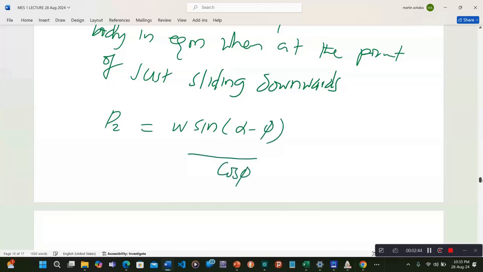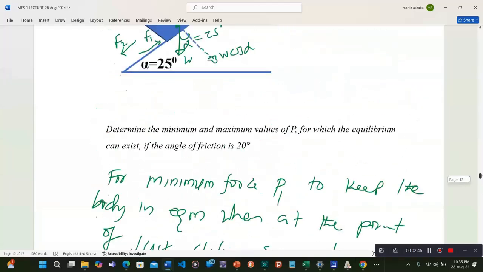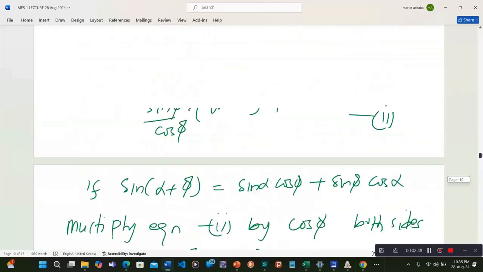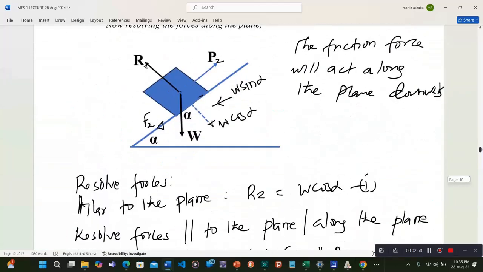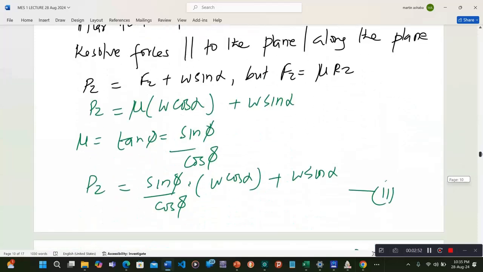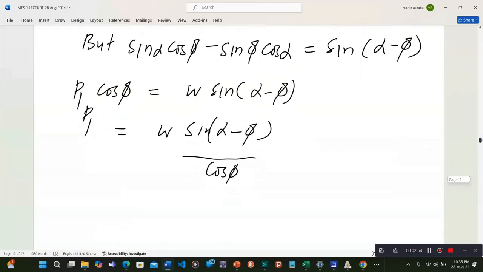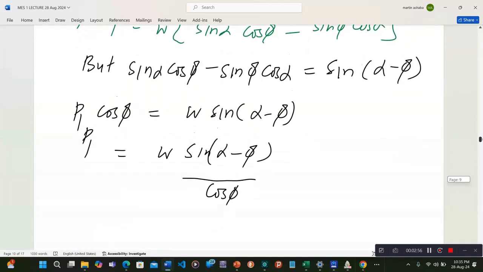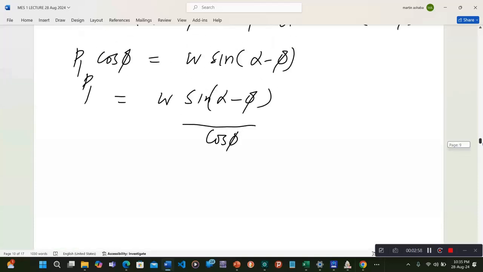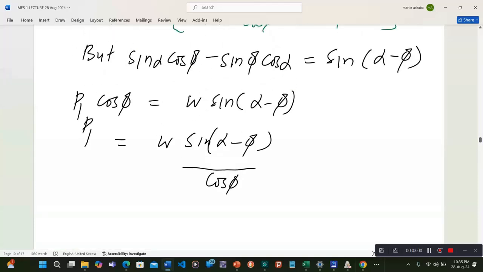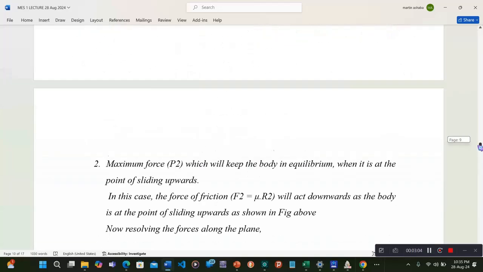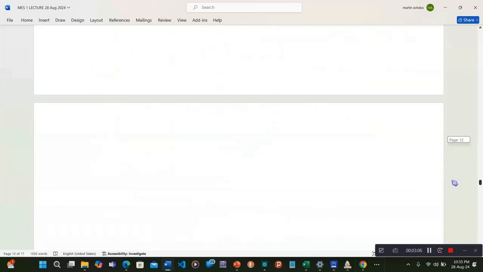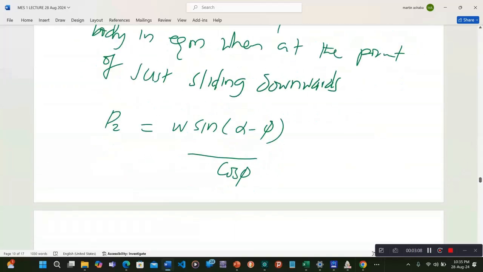We have already derived this expression and it is up here. So you just substitute in the values given in that expression and you'll be good to go.